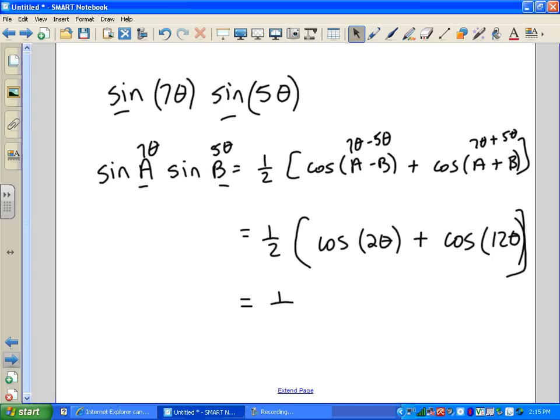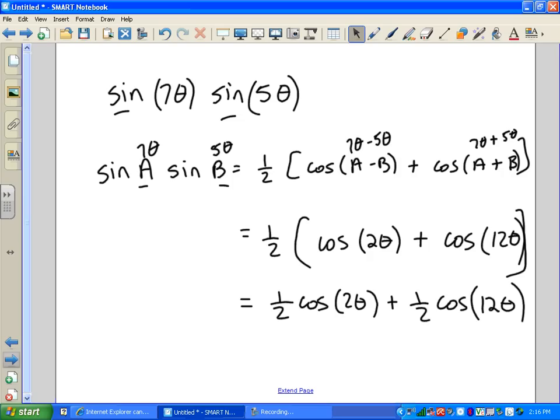So this is going to give me 1/2 times the cosine of 2 theta plus 1/2 times the cosine of 12 theta. And so now it's the sum of two things that involve either sine or cosine. In this case, both of them are cosine. So that was sort of a sine example there.